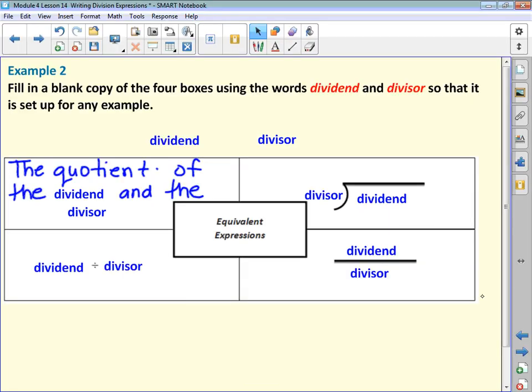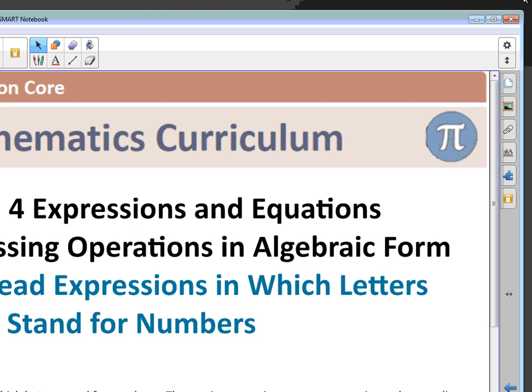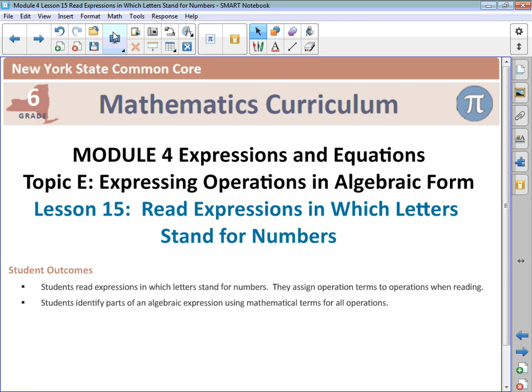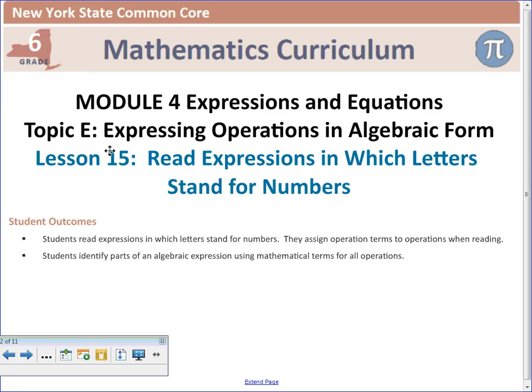Okay. So now let's take a look at Lesson 15, which is what I really want to focus on today. So you already started working on your opening set. Lesson 15 is reading expressions in which letters stand for numbers. Okay?